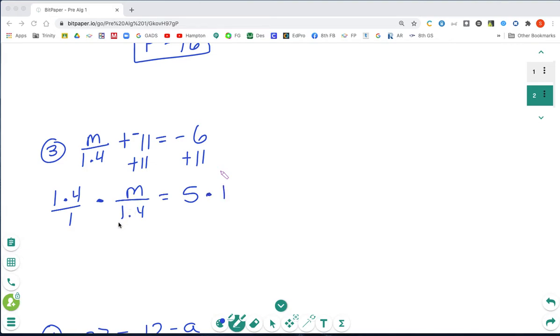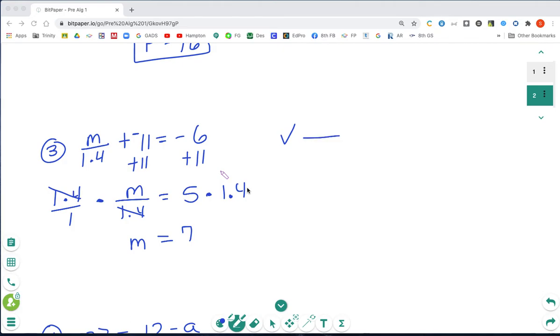Times 1.4. Brother-sister rule says whatever we do on the left side, we do on the right side. The 1.4s cancel out, leaving the M, and then I'm going to multiply 5 times 1.4 on my calculator, and I'm going to get M equals 7. Now I'm going to check it using PEMDAS.